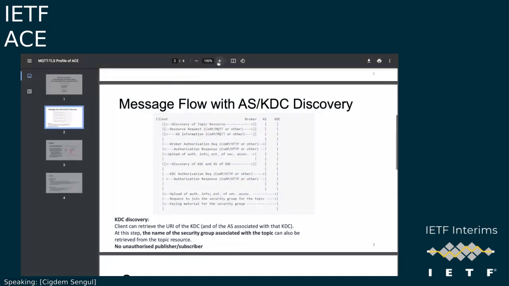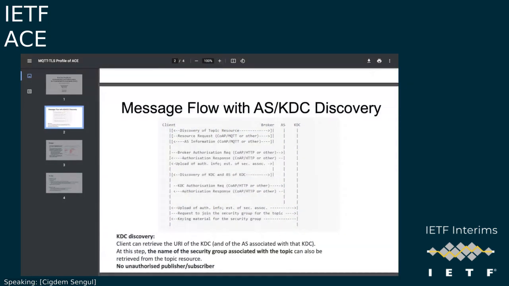So we had a design meeting with Marco about the outstanding issues that were presented in the IETF meeting. What we wanted to reiterate is the new message flow, which includes the KDC discovery as well.